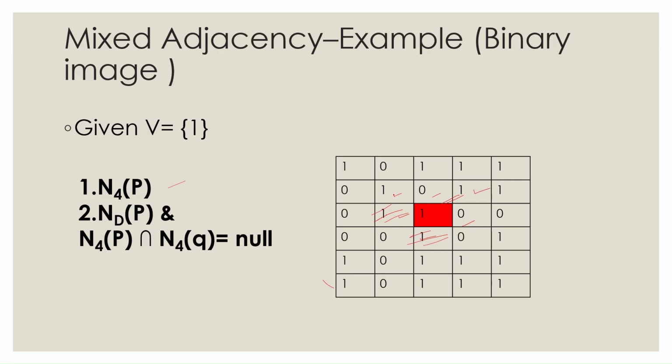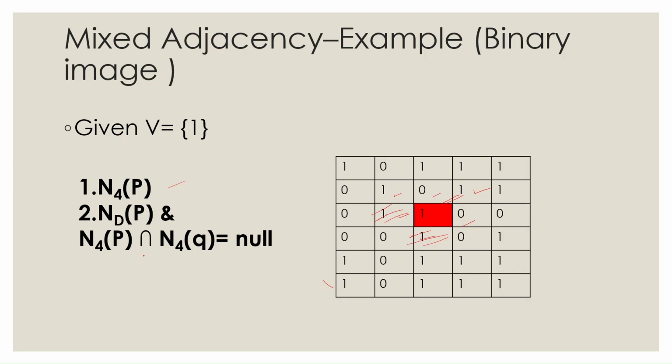Now let us take this as 1. This one is a diagonal of this center pixel P. For this diagonal element, we have to consider whether this pixel has been connected either horizontally or vertically to its neighbors. In this case, horizontally is not possible, but vertically we can connect this one with this one, right?